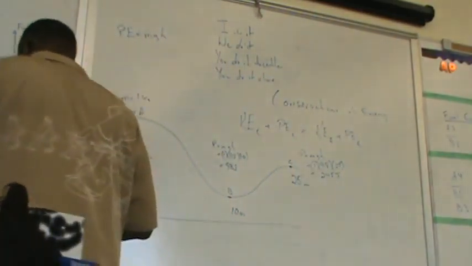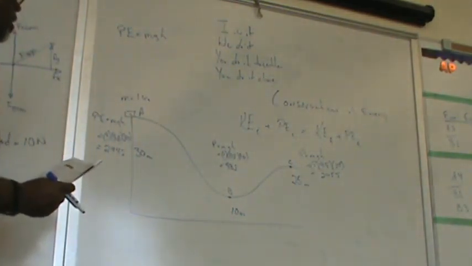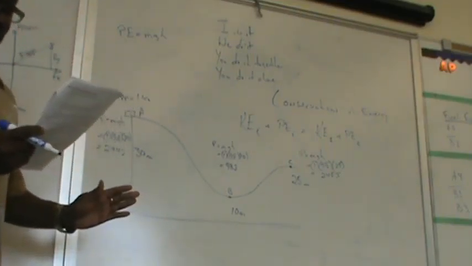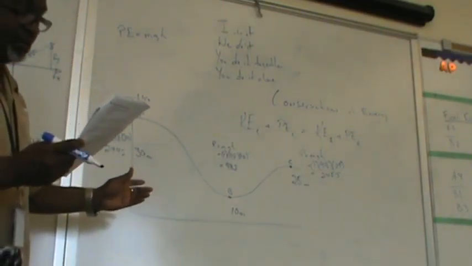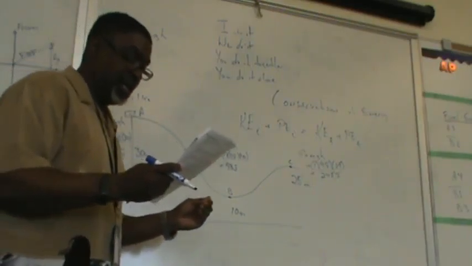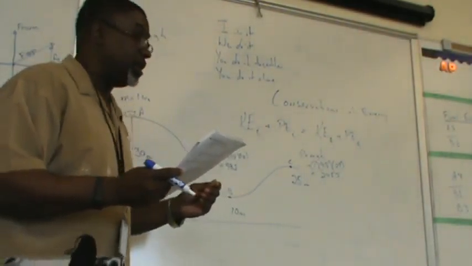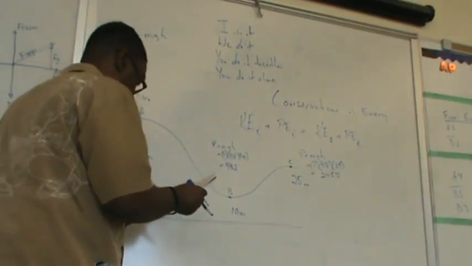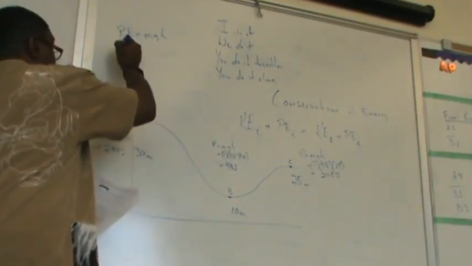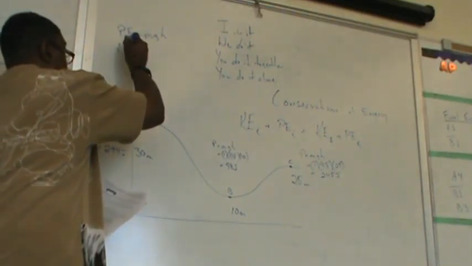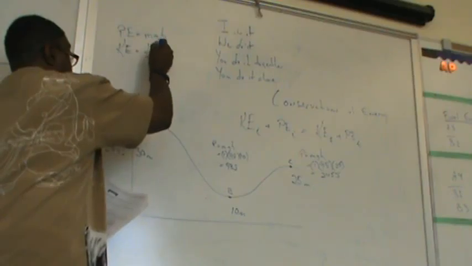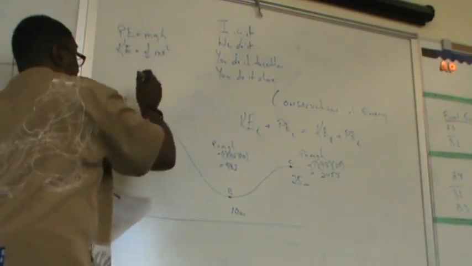Now, for each of the points we're asked to find the kinetic energy, the potential energy, and the total mechanical energy. So we found the potential energy. The kinetic energy is equal to 1/2 mv squared.